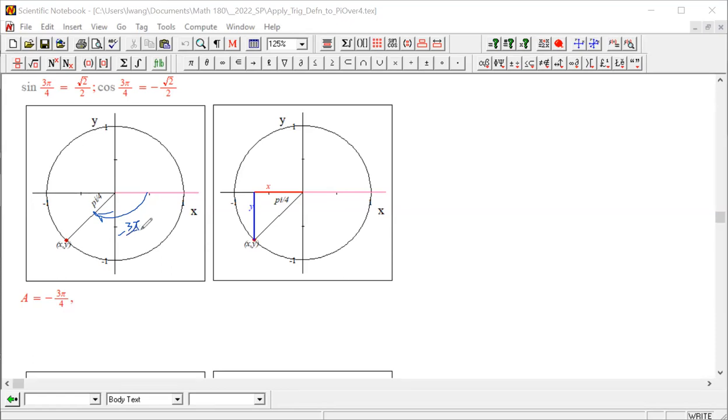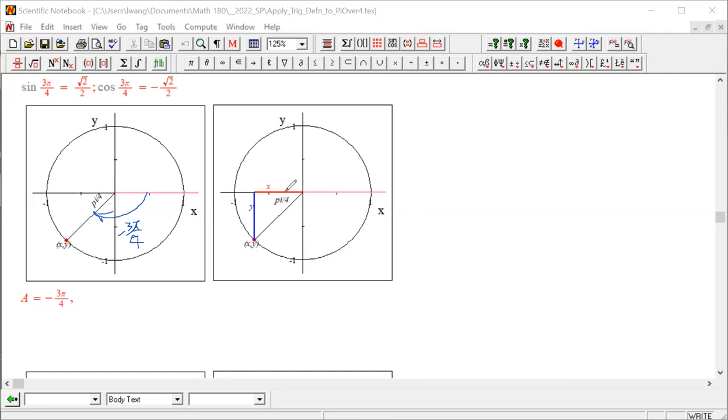Now we are going to identify the point (x, y). This time both x and y are negative, because the point is in the third quadrant.